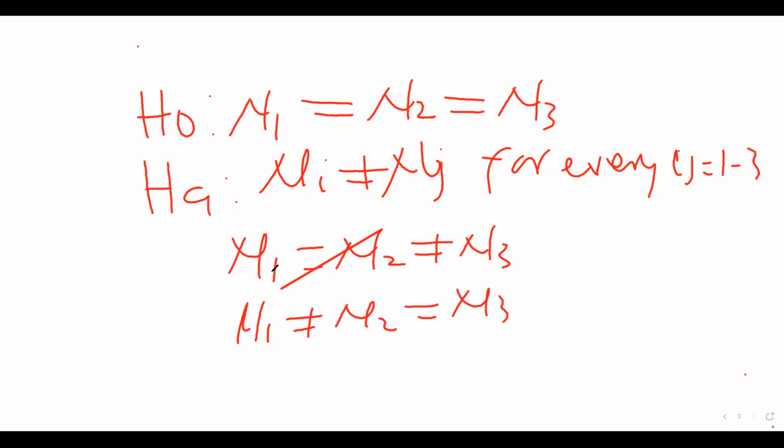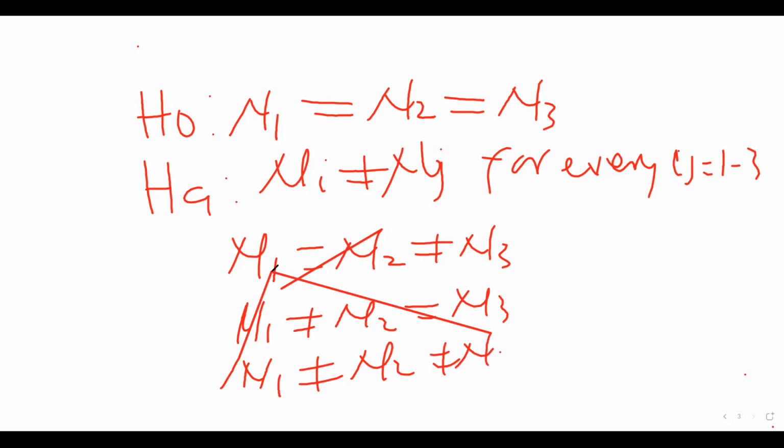That's another alternative. Or you can have mu1 not equal to mu2, not equal to mu3. All of these are possible alternatives. And because they are all possible alternatives, we can now say without a shadow of a doubt that this is the best way of writing the alternative hypothesis.